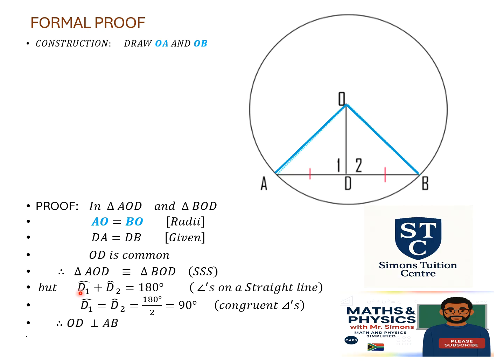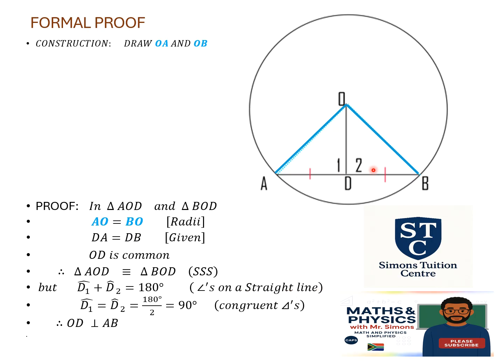But if you look at D1 and D2, they are on a straight line. Angles formed on a straight line, as I assume you remember from grade 8 and 9, always add up to 180 degrees. So D1 plus D2 equals 180, angles on a straight line.